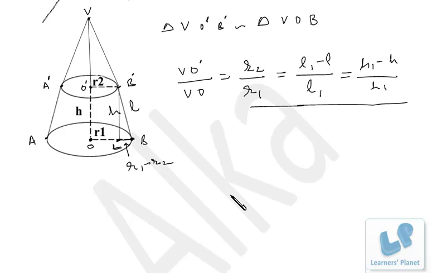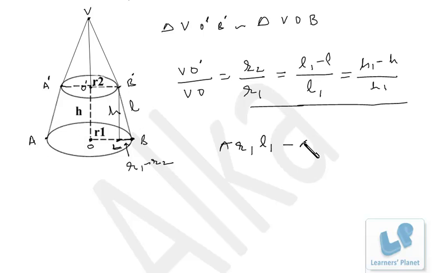Now let's find out the surface area of this frustum. Now suppose we have to find out this curved surface area of this frustum. Again, you can very well see from this entire cone, the curved surface area of a cone is actually pi rl. So for this entire cone, it will be pi r1 and the total length is l1. This is the curved surface area of this bigger cone, right? From that, if you subtract the curved surface area of this smaller cone, that means this complete area, if it is deducted, then we'll be getting the curved surface area of this frustum.